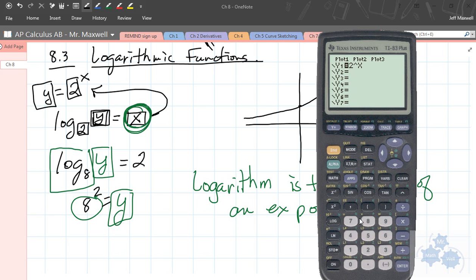Well, I guess we could do 1 divided by 2 to the power of x. Let's see what that gives us. Now that's a reciprocal function, so let's see what that looks like. Okay. Yes, it's like 1/2. Good. So is that an inverse?